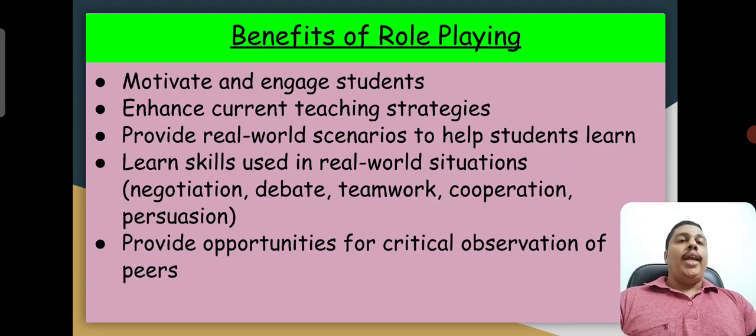And finally, it provides opportunities for critical observation of the peers. So while analyzing a particular problem, as in the case of role play, the students go deeply to analyze that particular situation, and they themselves find the solution for that particular problem in their own way. So the divergent thinking also develops in this process.